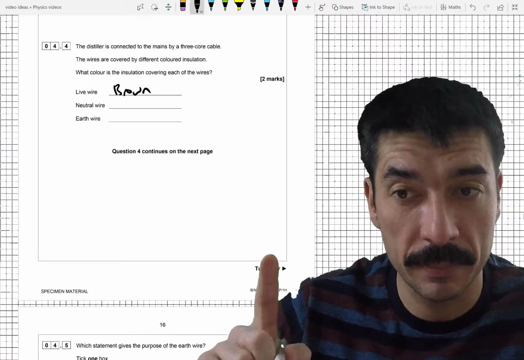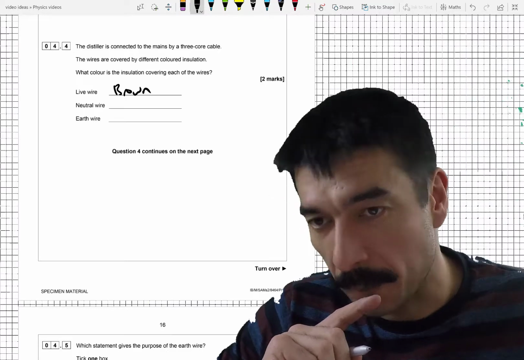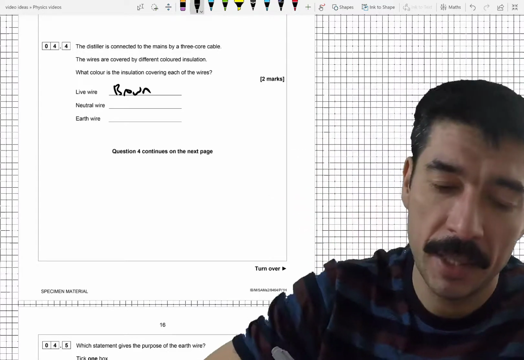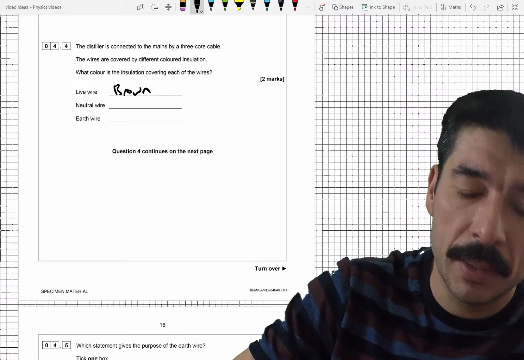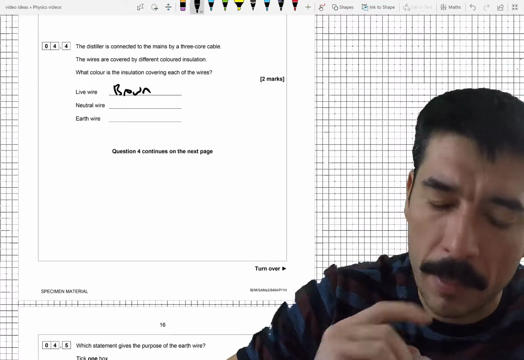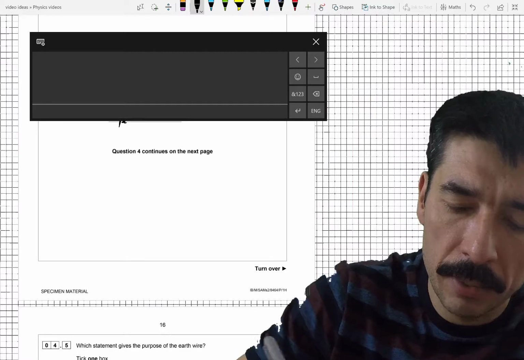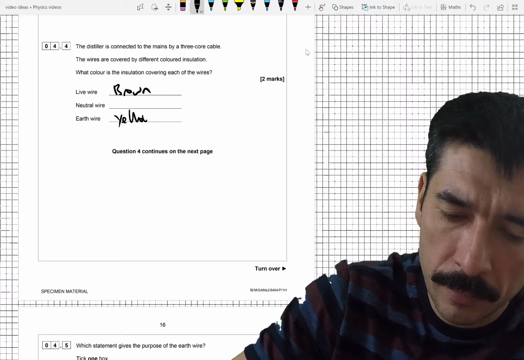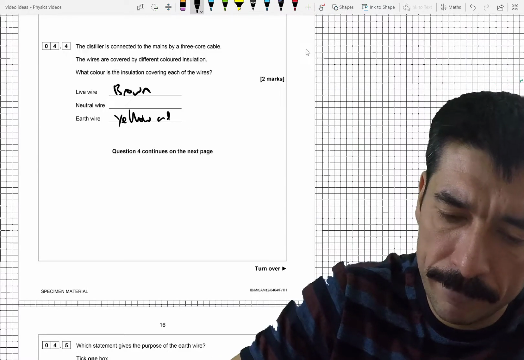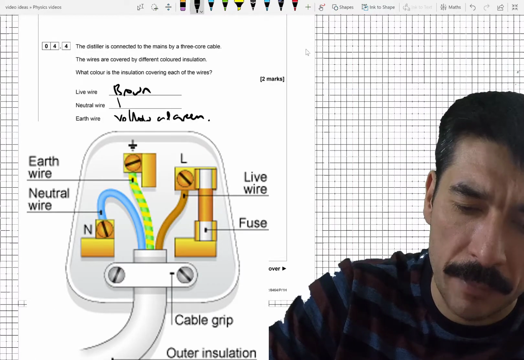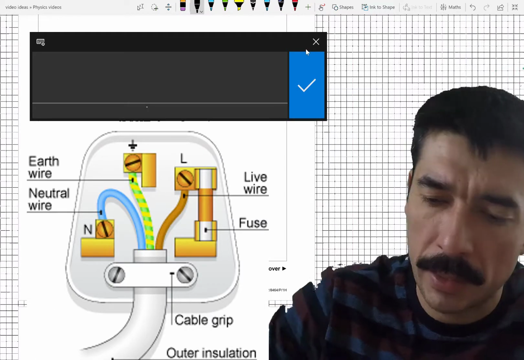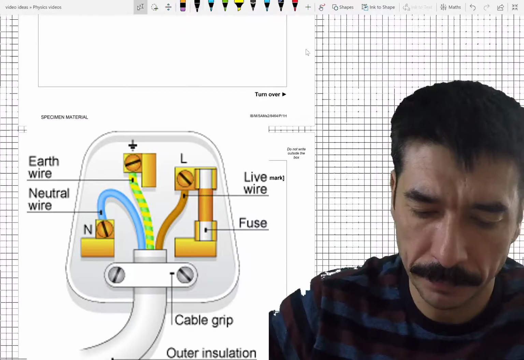If you touch it, it might make your underpants go brown, right? To be honest, any of the wires in here are dangerous, so it's a bit of a silly analogy. Neutral wire, I can't quite remember, but the earth wire is yellow and green, right? And then that only leaves one colour left, blue. So again, I'll come back and check that.